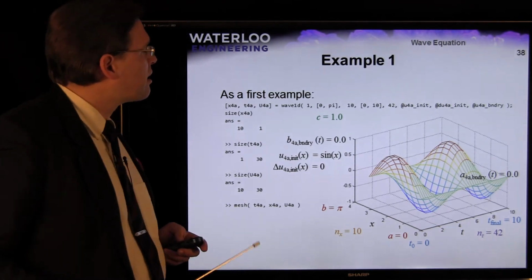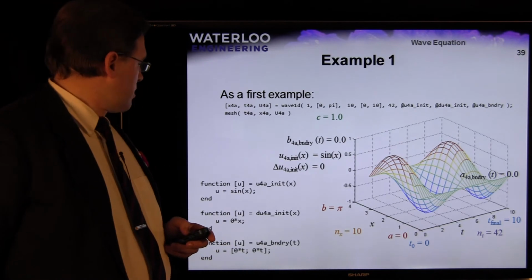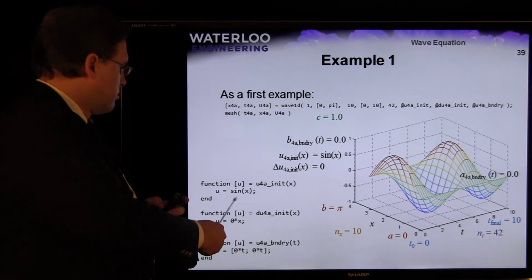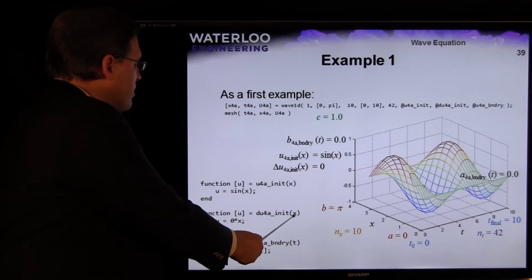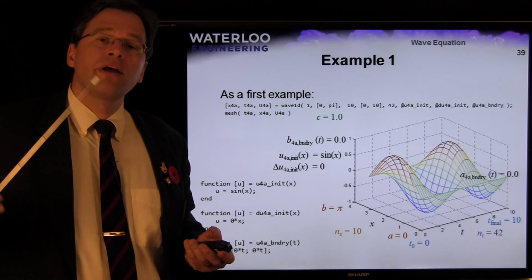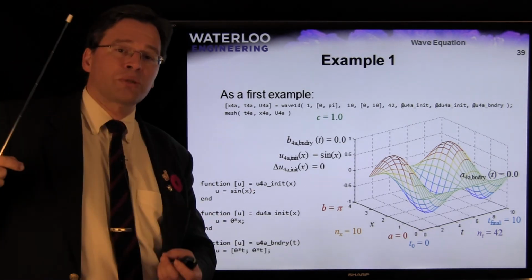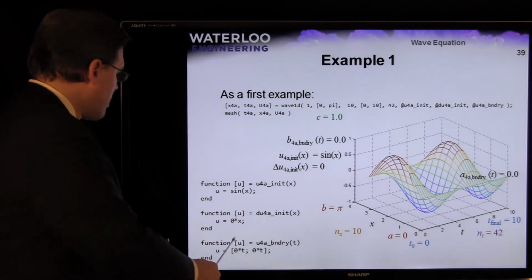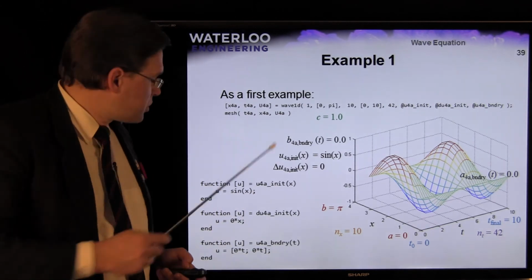I'll correct that mistake. If we call mesh, we get the following output. The initial function with respect to x is just sine of x. The initial speed is 0, so we'll just multiply the input vector by 0, and that will return a vector of zeros, indicating that the initial speed at each point is 0. And for the boundary conditions, we're passed a row vector of t values.